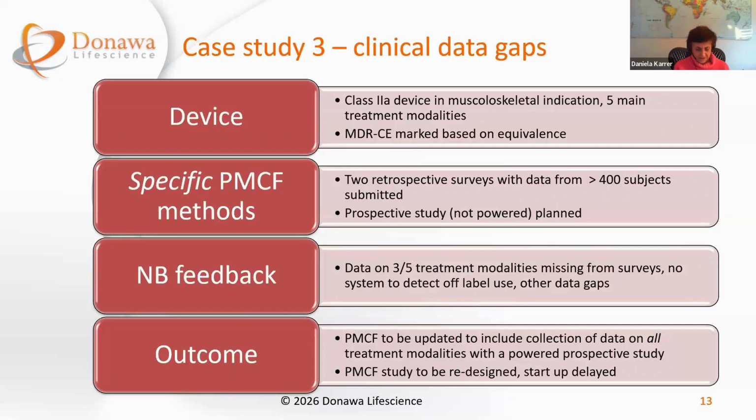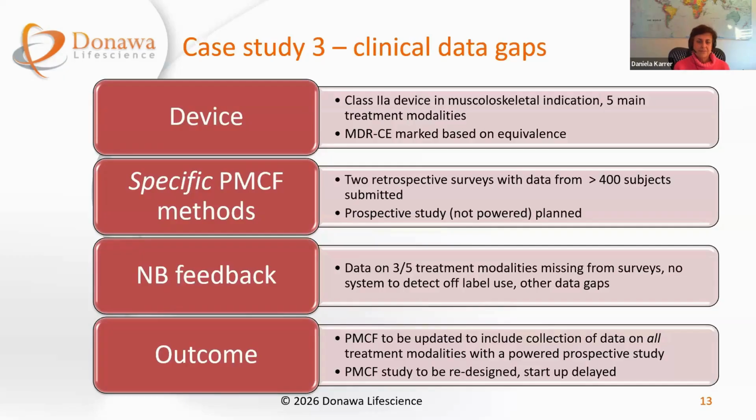I found this particularly interesting because the notified body had reasons to believe that this device could be used off-label with a certain easiness. So they wanted to know how much off-label use there was, and there was no specific methodology to check off-label use.